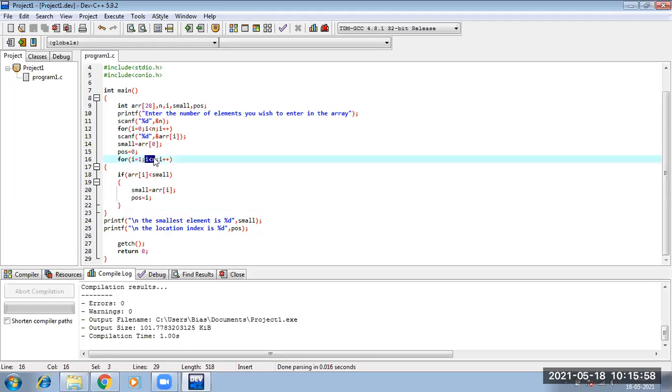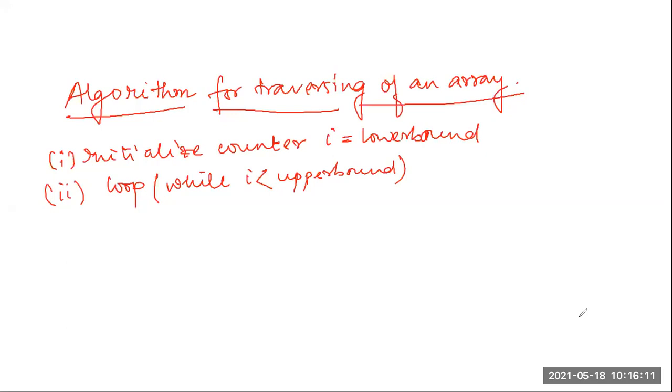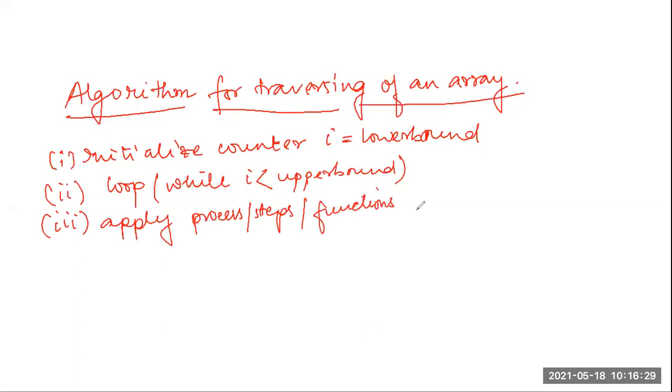And after this work is done, then I was incrementing. So if I have to implement it in the concept of algorithm, what will it be? After checking, I was following whatever steps I need to do, so I apply the process or steps or functions, whatever you need to do on our array.